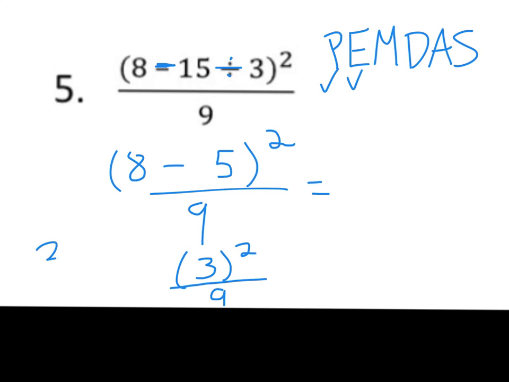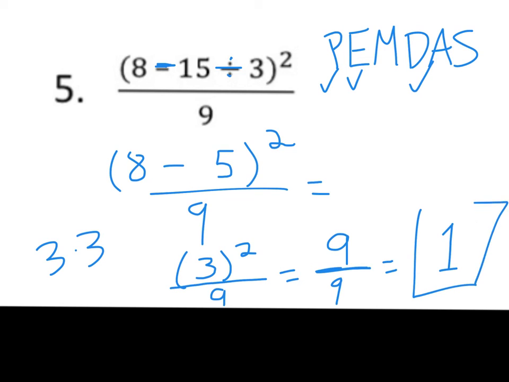So that means 3, how many times do I write it? 2 times. 3 times 3, 9. 9 over 9. What does this bar mean? It means division. So 9 divided by 9 is 1. That's the final answer.